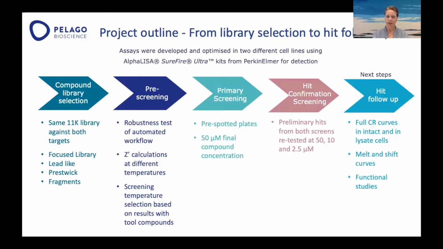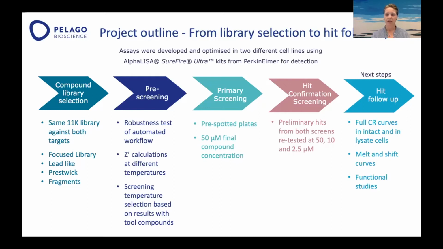Pre-screening activities were done to test the robustness of the assay using the automated workflow. We did Z prime factor calculations at different temperatures, and also screening temperature selection based on the results with tool compounds. In the primary screening, we used pre-spotted plates, so the compounds were acoustically dispensed into 3 to 4 well PCR plates, and we screened the compounds at a final concentration of 50 micromolar.